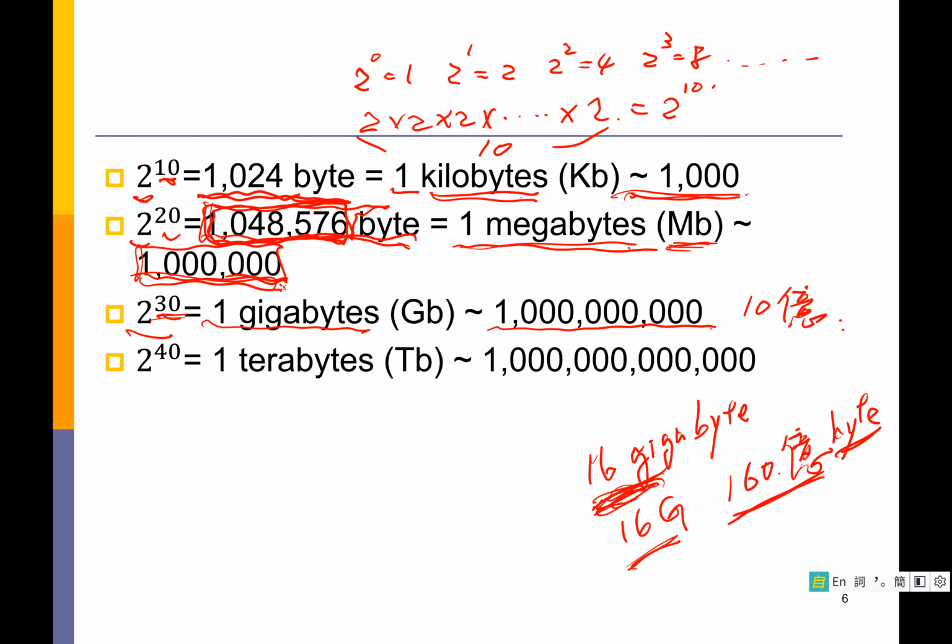Now, 2 to the power of 40, we call it 1 terabyte, 1 TB. I don't know how to pronounce this in English, maybe 1 tera, which is huge.